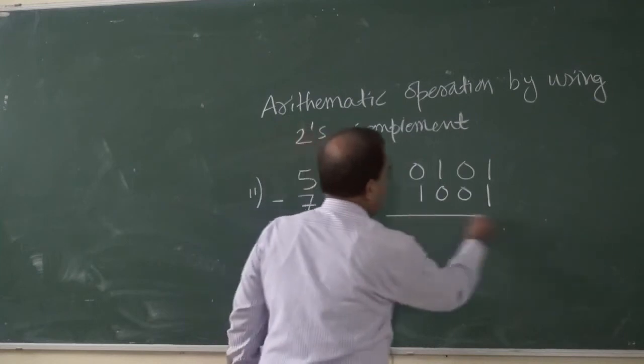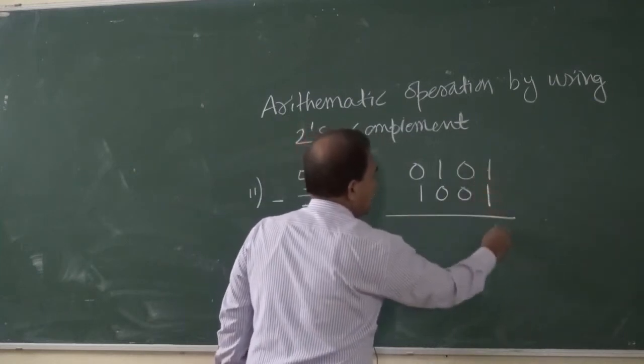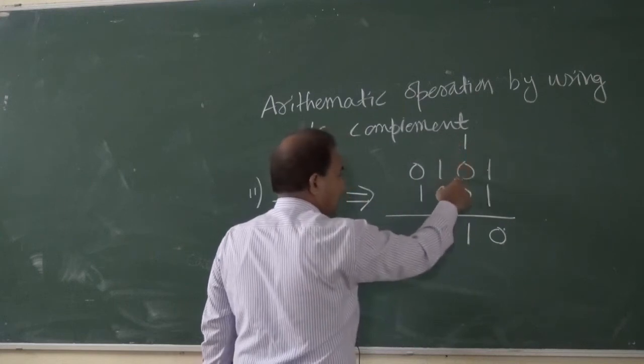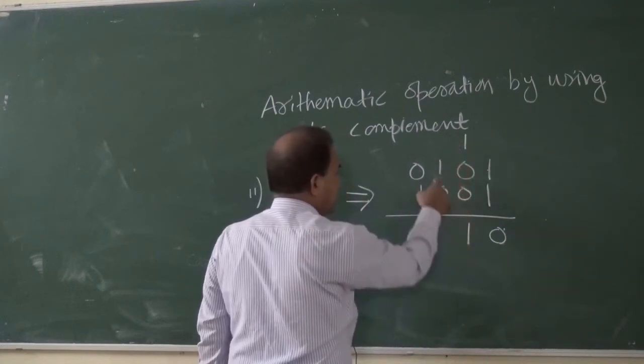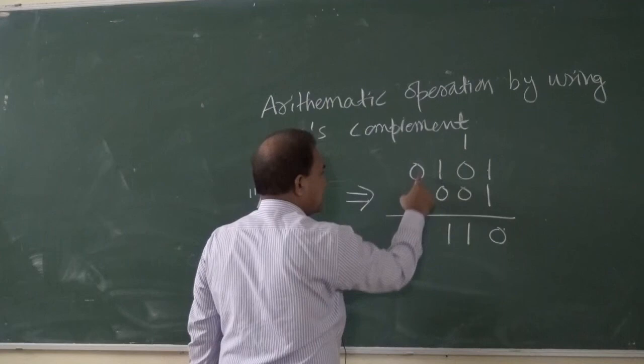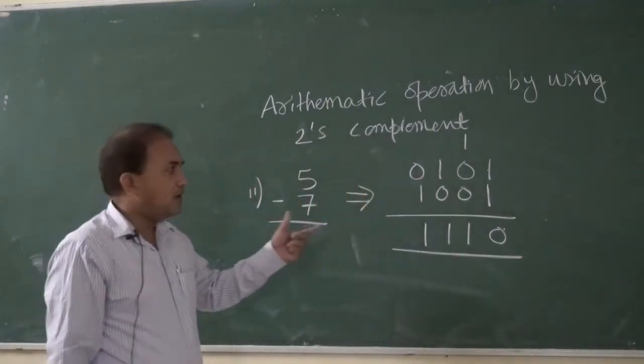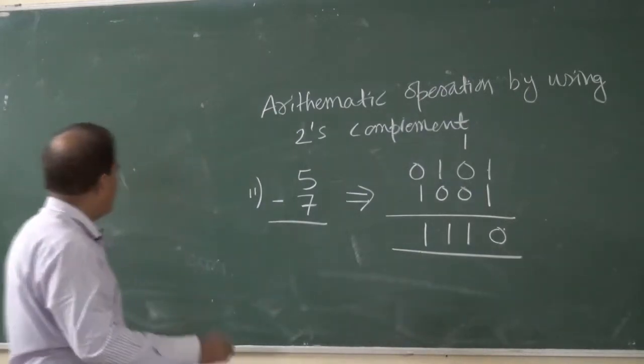Then add it. It is 1 plus 1, it is 0, carry 1. 1 plus 0, it is 1. 1 plus 0, it is 1. 0 plus 1, it is 1. So here you are saying that no carry is generated.